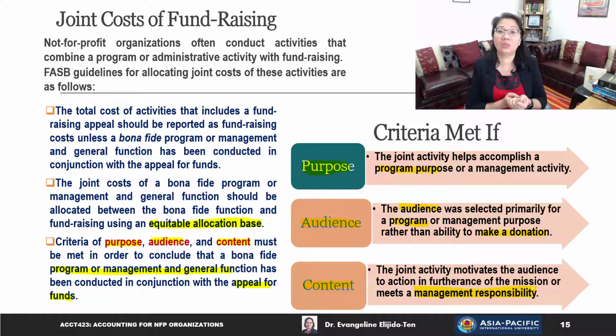Are you just telling them that we are here collecting money, and by the way, you can read some healthy habits information in this pamphlet? If that is what you're doing, you're more likely fundraising rather than promoting your program. So it needs to be that the joint activity motivates the audience to action in furtherance of the mission of the NFP and in particular of the program itself.